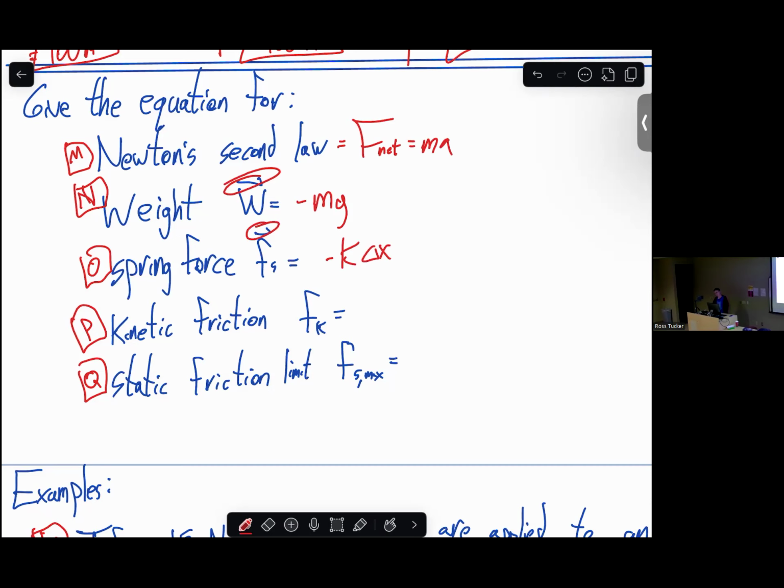If you just told me magnitude and you know the direction by common sense, I'd give that credit too. But to be strictly correct, I included a vector sign. Kinetic friction and static friction, you have to apply reasoning to figure out the direction of the force. So I can't actually just write this as a simple plus minus.